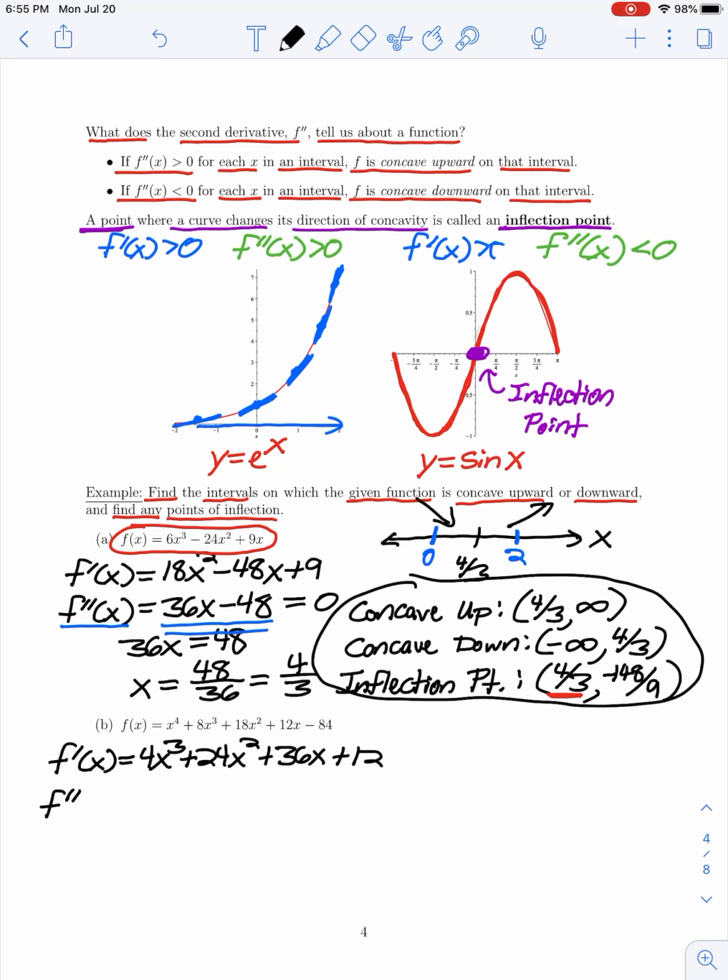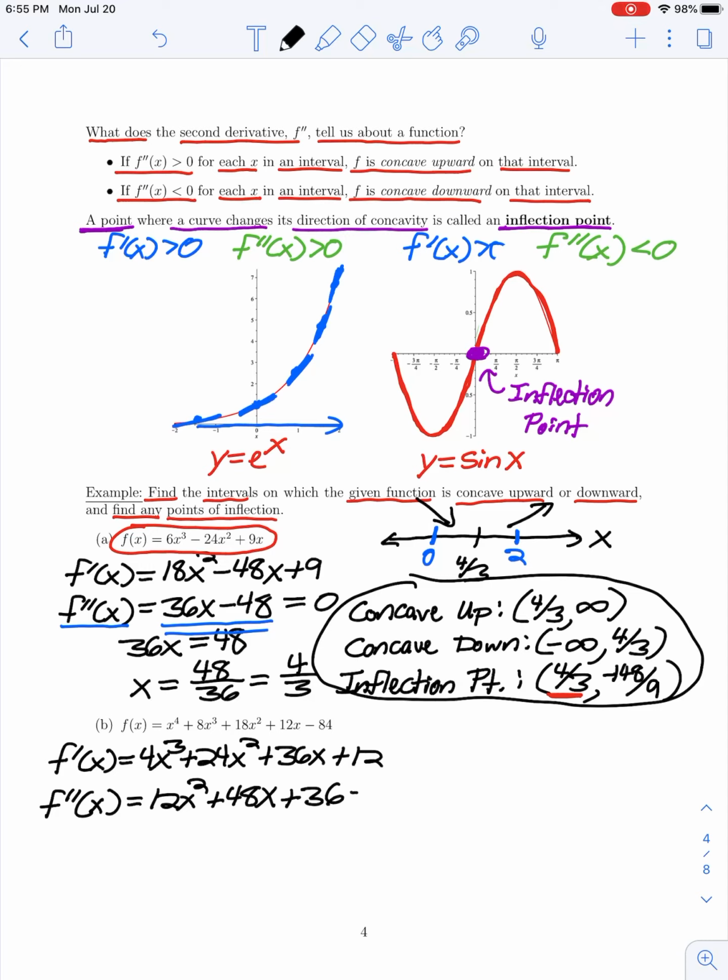And for our second derivative, f double prime of x, we have 12x squared plus 48x plus 36.